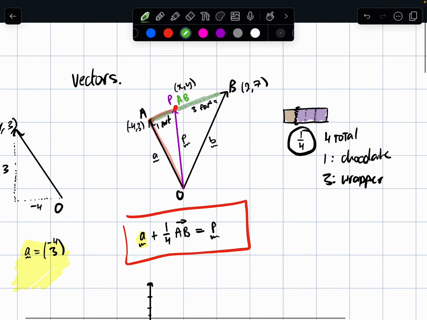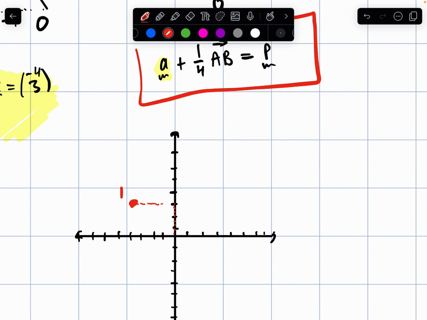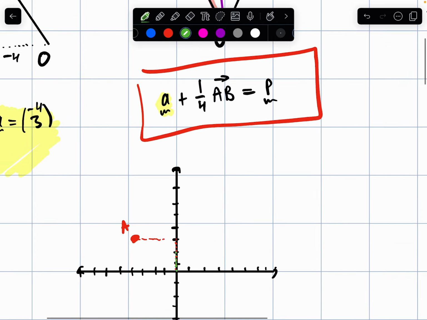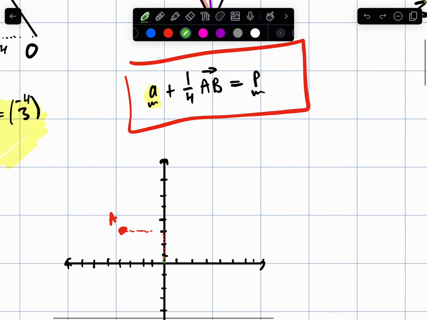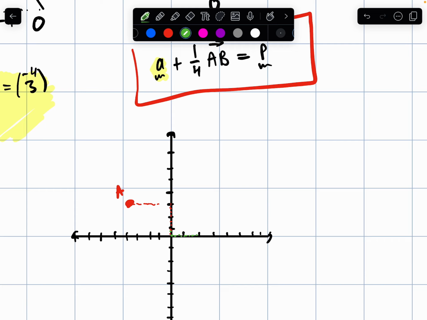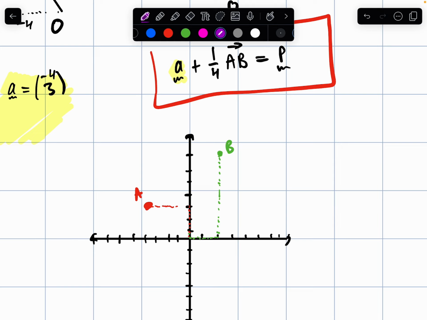And then we've got our other point B, which is at 2, 7, so across by 2 and up by 7 to a point B. And AB goes here, right? So it's basically saying how far does it have to travel this way, and then how far does it have to travel up.